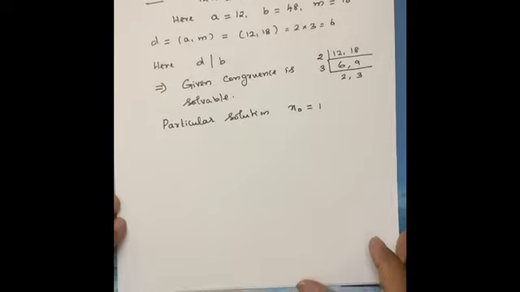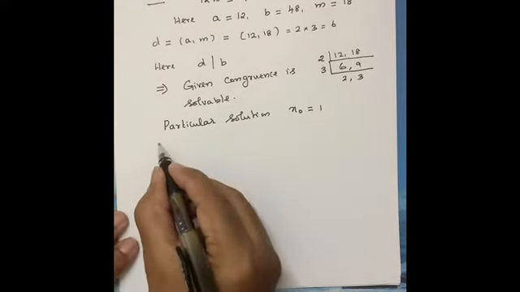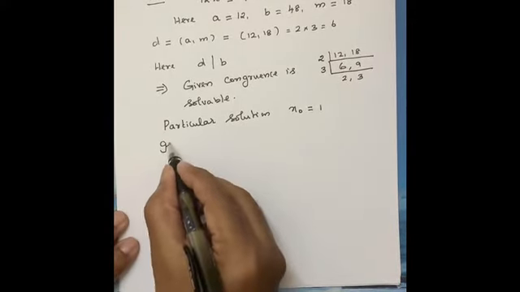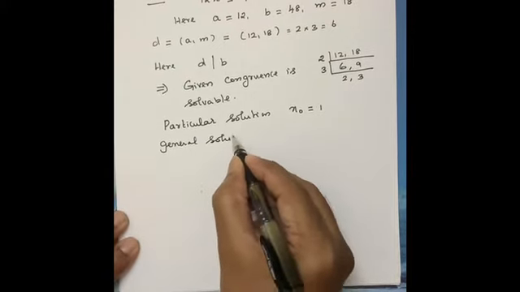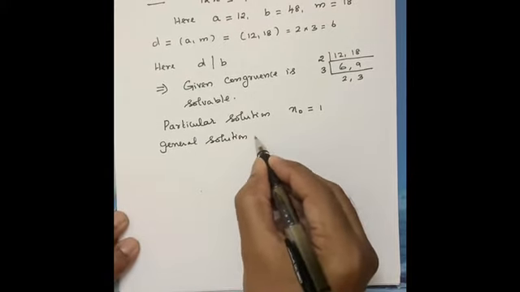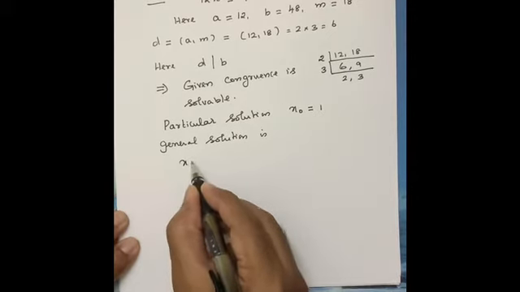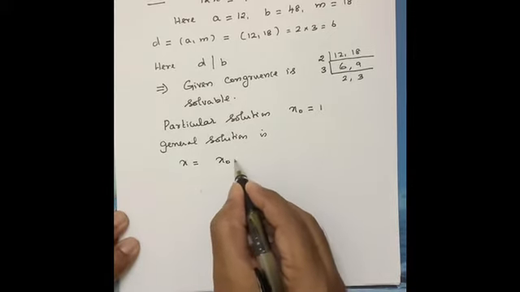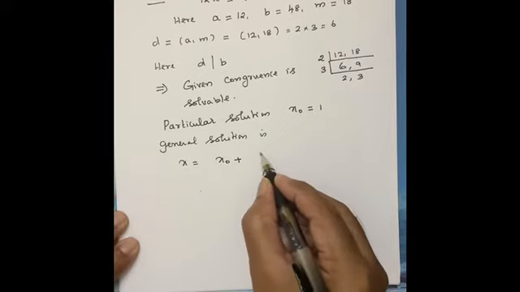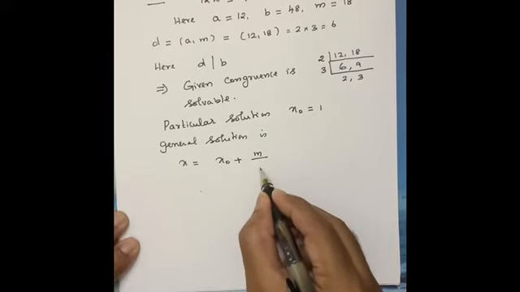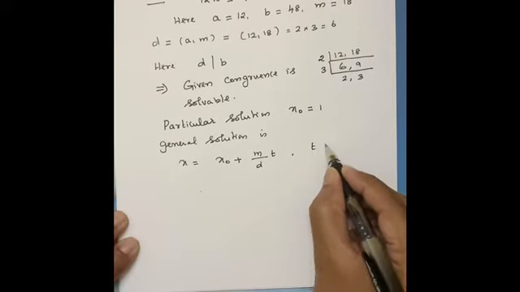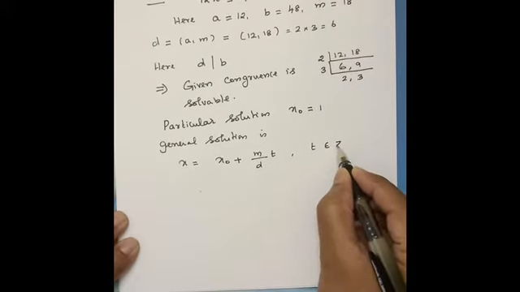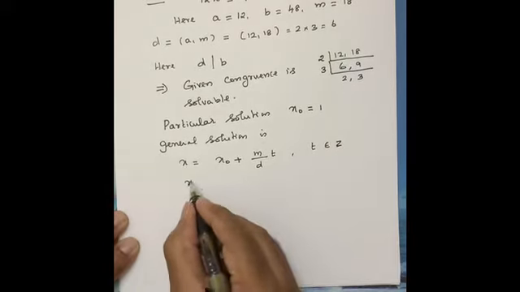After that, what is the general solution? The general solution rule is X equal to X naught plus M by D into T, where T is an integer. Just replace the values.